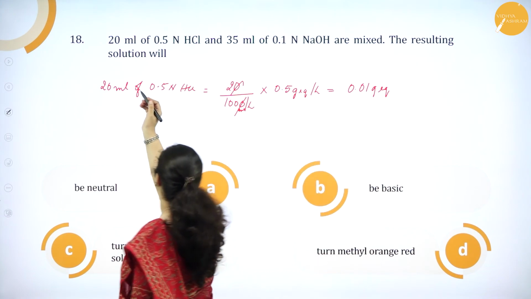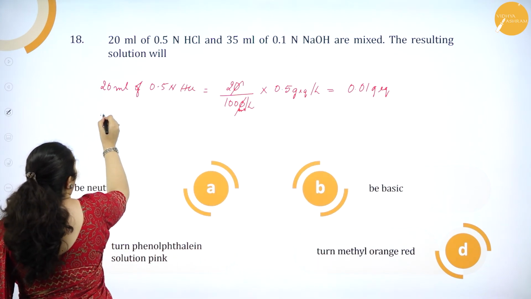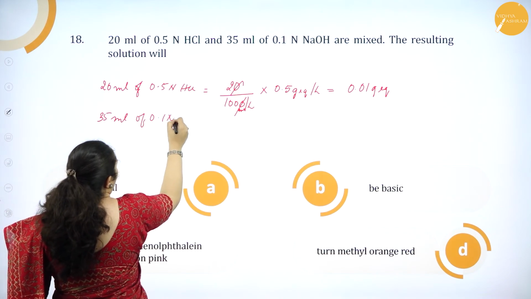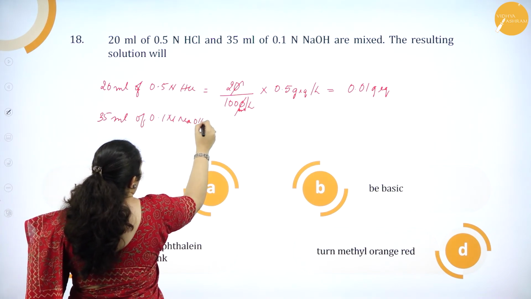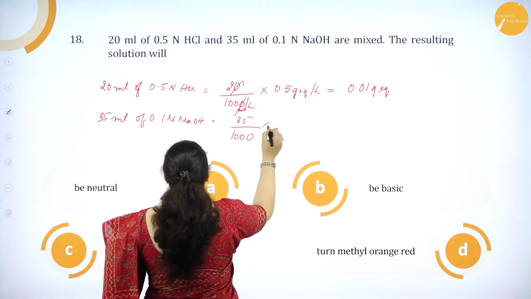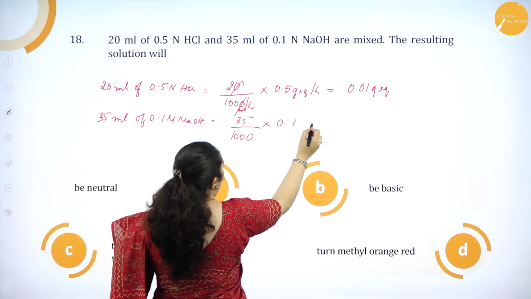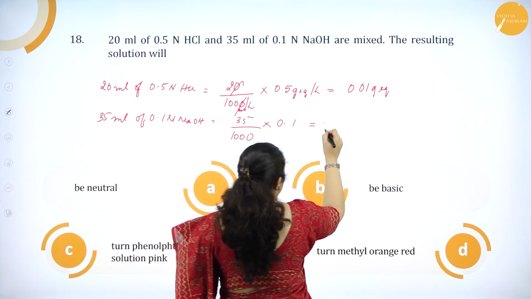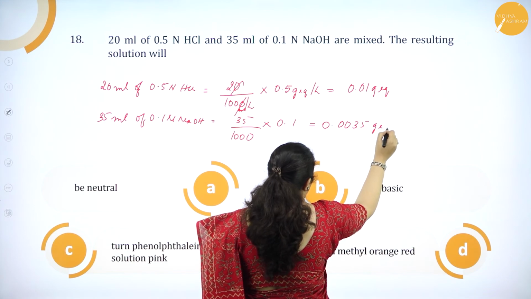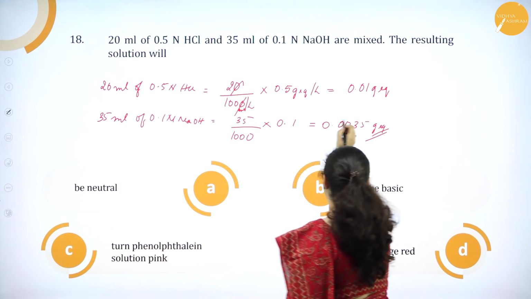Okay, same way I'll have to calculate for NaOH also. I have 35 ml of 0.1 normal NaOH. So it is 35 divided by 1000 into 0.1, which is equal to 0.0035 gram equivalents. So this is lesser.